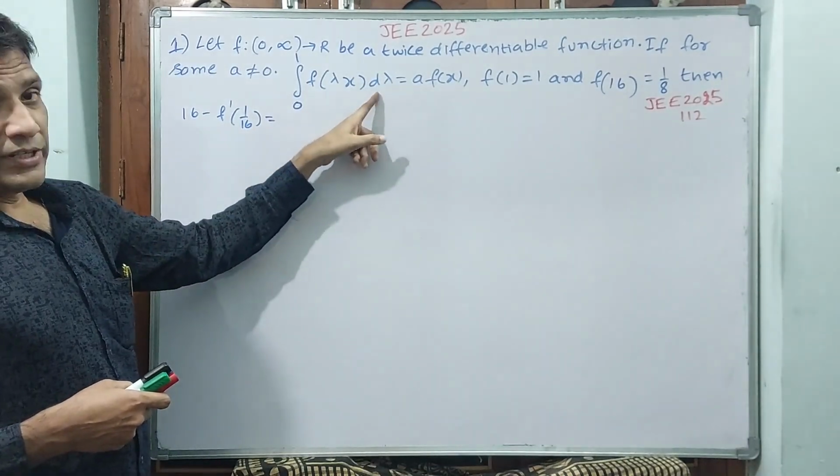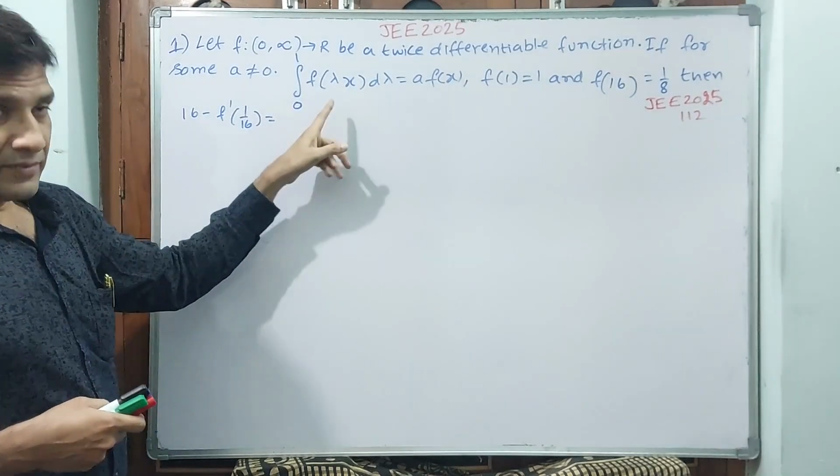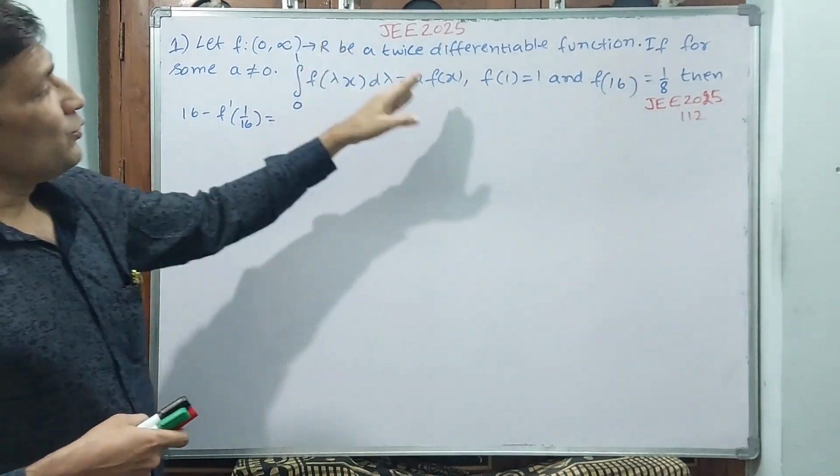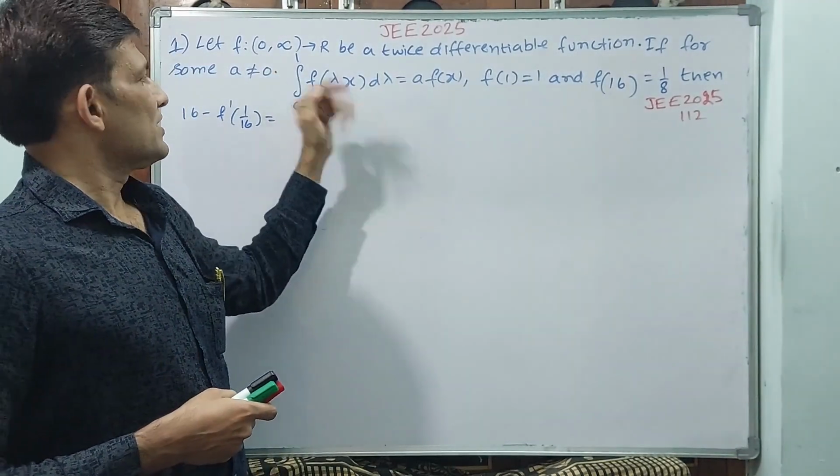Here we are doing this integration with respect to lambda, not with respect to x, keep that in mind. But this you equate to a f of x. Here x will come, a is constant.